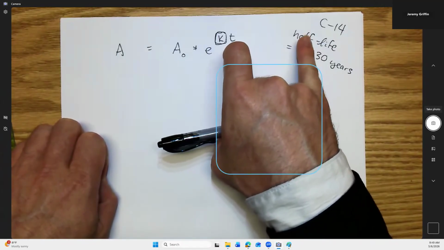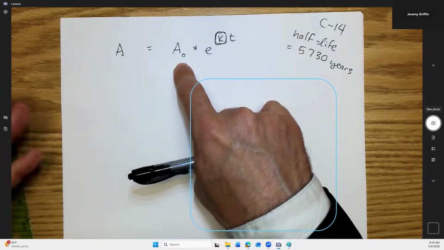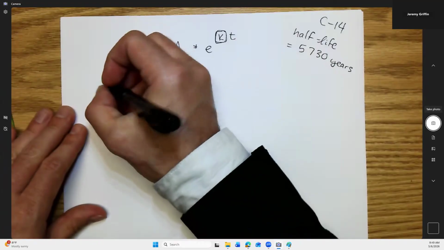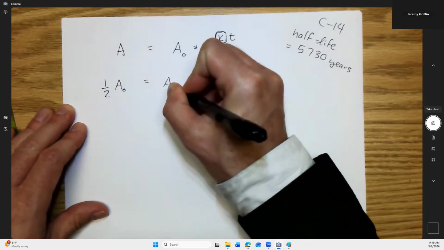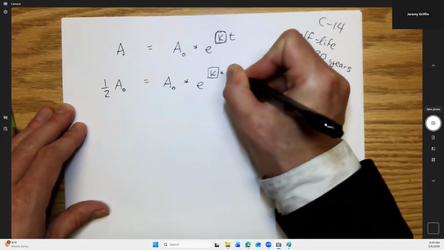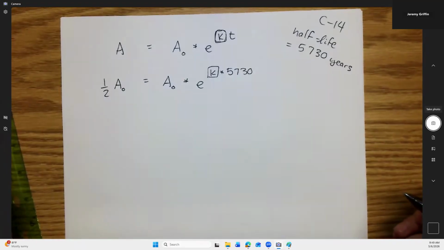I'm pointing to the answer. Oh, half. So it doesn't matter what you make up for the original amount, A naught. You always end up with half of that. So I have half of the original amount if I started with the original amount, but I allow exactly 5,730 years to pass.